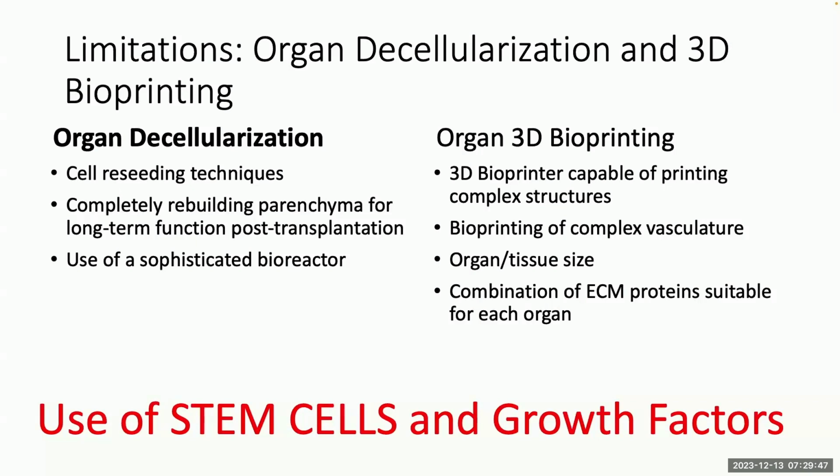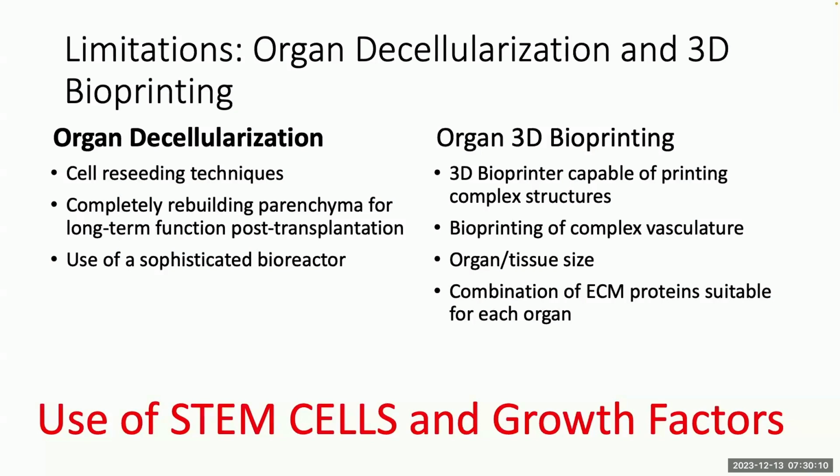For 3D bioprinting, the printer hasn't been able to print complex vasculature and very complex structures, especially because we're sometimes talking about nano or micro scale, and that hasn't been the resolution of the printers.